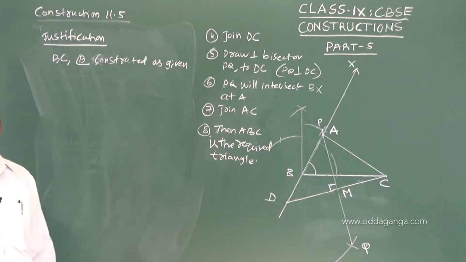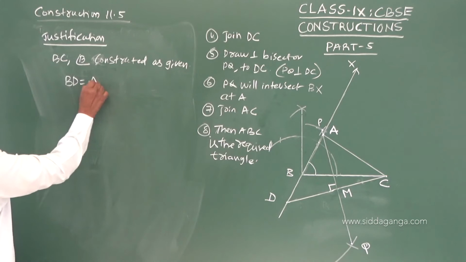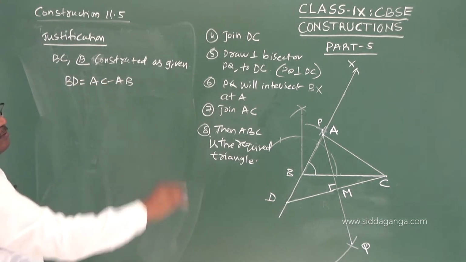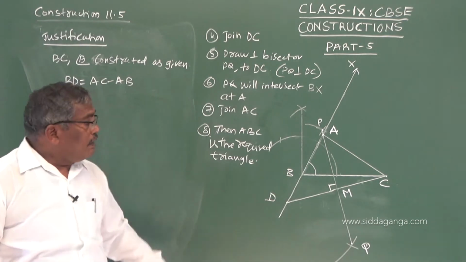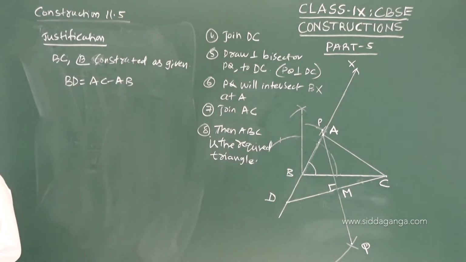So we have not changed anything in that. BD equals AC minus AB. Whatever difference was given, the same length we have taken as BD.